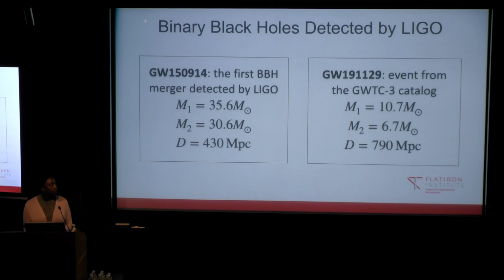Does that mean there was more noise in the detection signal for GW191129, and did that affect any of your work? I'm not sure, because I didn't examine the actual gravitational waves. I just looked at the progenitors before the merger occurred, so I'm not sure right now. But yeah, I don't know.